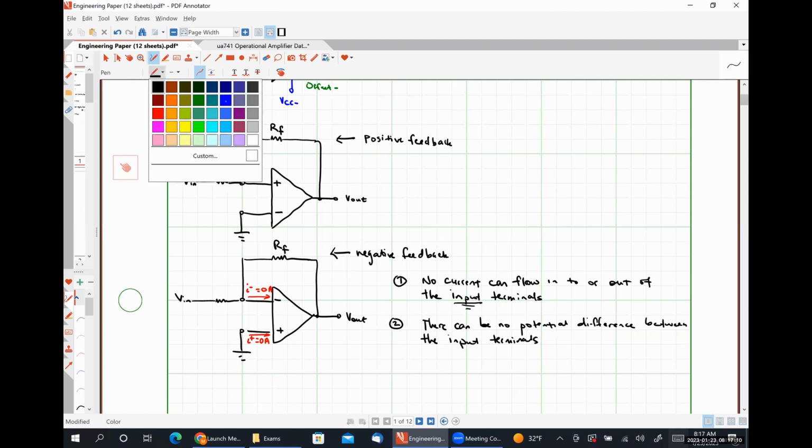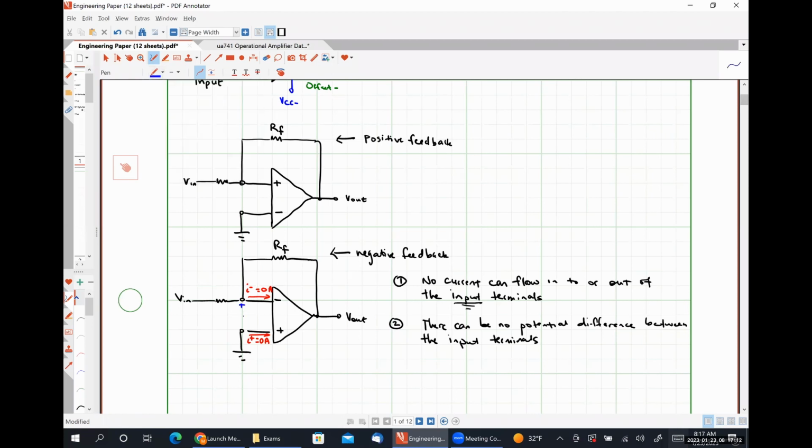So what that means is we are guaranteed a voltage drop of 0 volts between our input terminals.